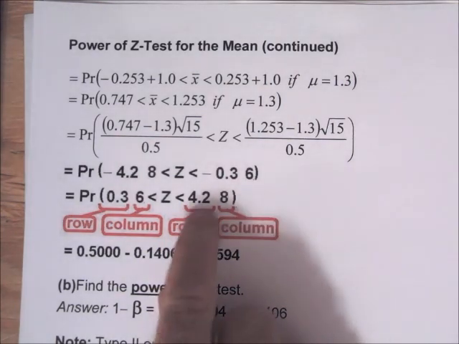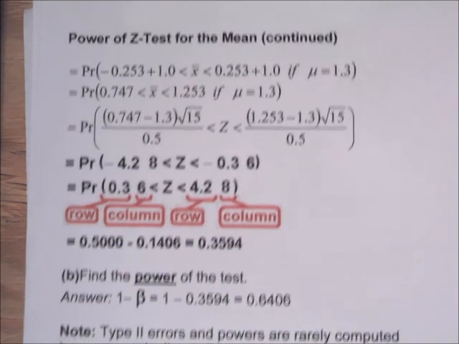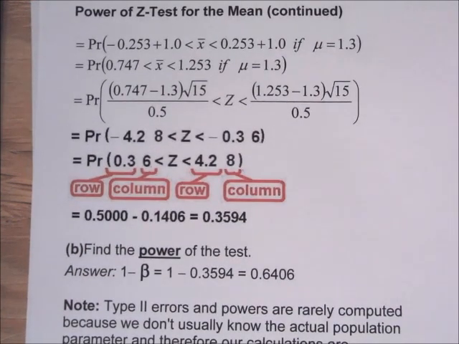For 4.28, it's bigger than anything in the table, so I estimate it to be approximately 0.5. 0.5 minus 0.1406 is 0.3594. So the probability of a type 2 error, beta, assuming that the actual population mean is 1.3, would be about 36% chance of a type 2 error.